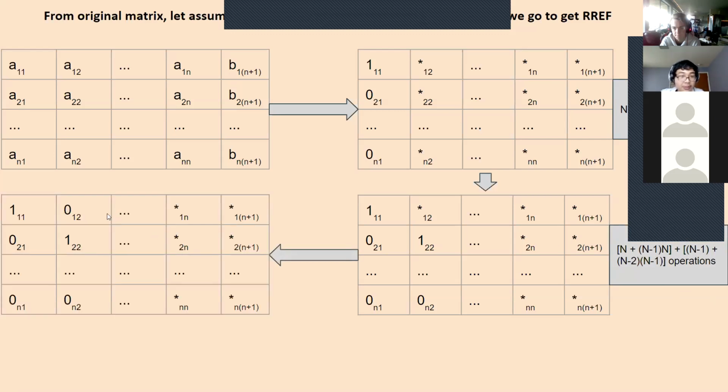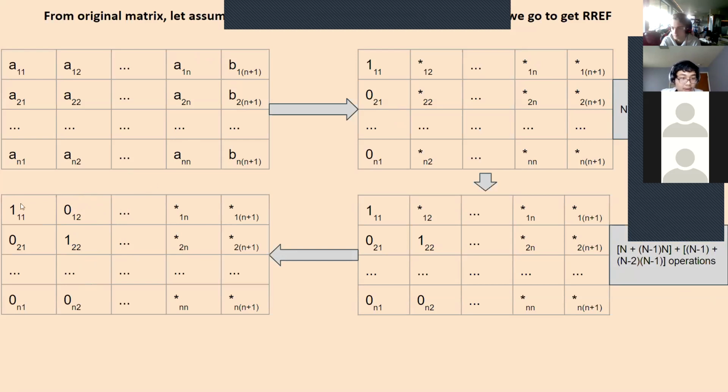But to get reduced row echelon form, we assume that we always need to get all of the zeros below and above the leading one as we go. So here, how many operations do we need to get the upper zero here?